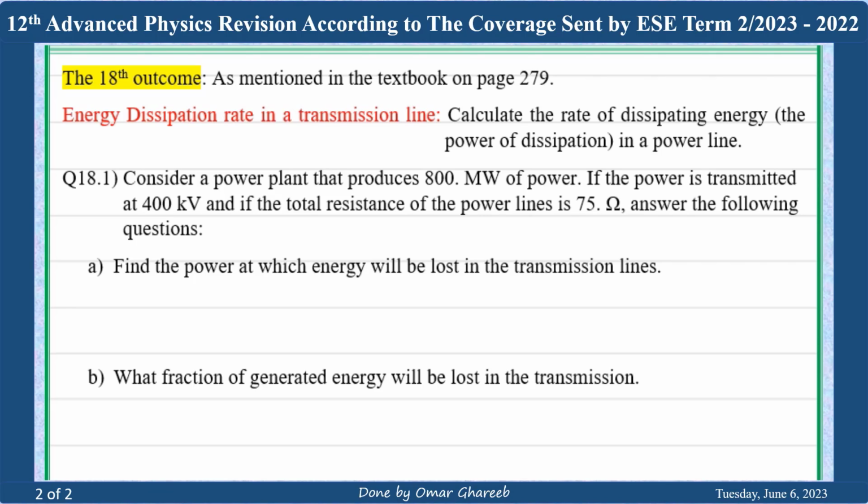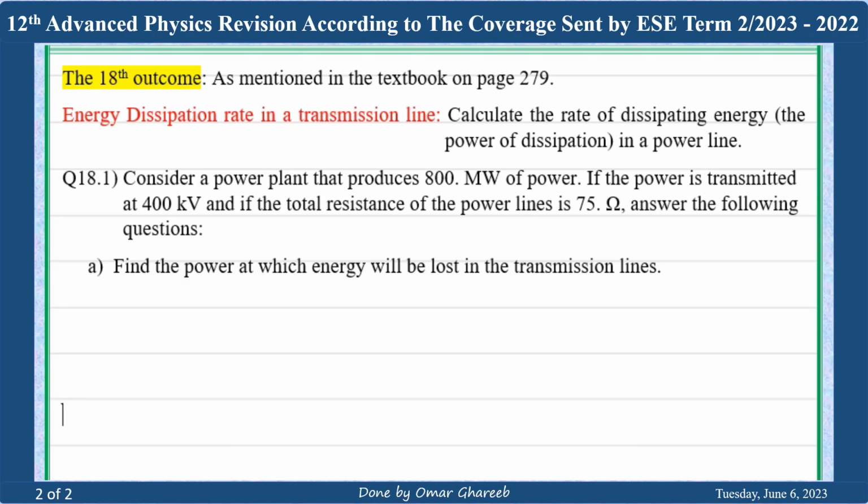To find the energy and the power of that energy, we need to find the current. But don't use Ohm's law to find that current. It's a mistake. Why?